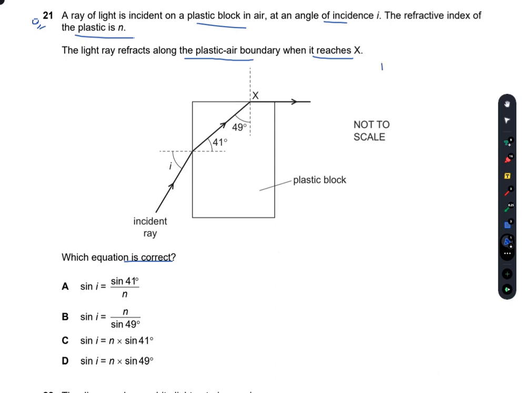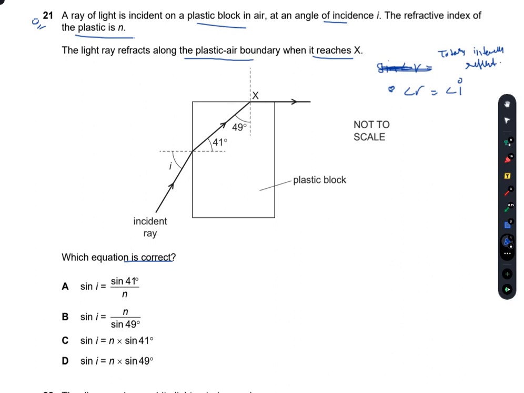When the angle of refraction is equal to the angle of incidence, so that will be the time when the light will totally internally reflect.